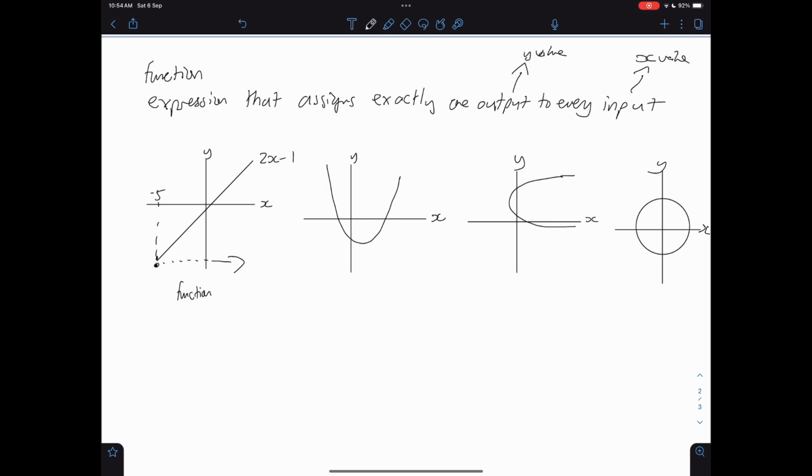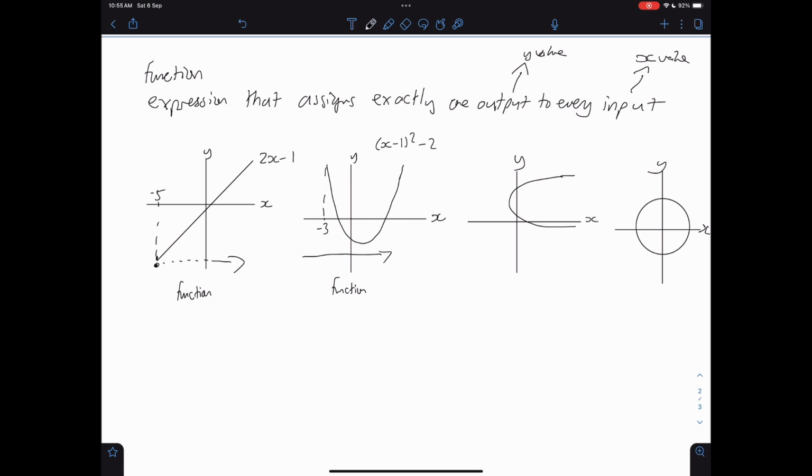And here, as we go along left to right, say this is (x minus 1) squared minus 2. At minus 3, there can only be one answer. So it is a function.